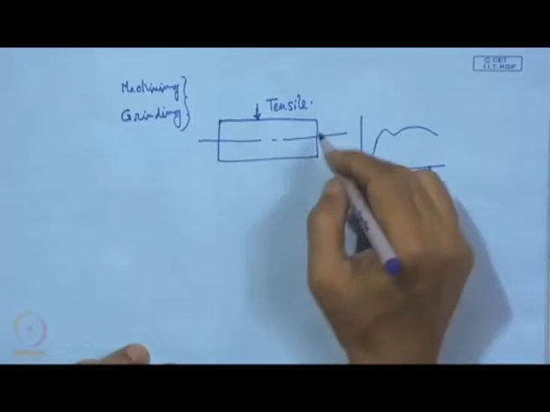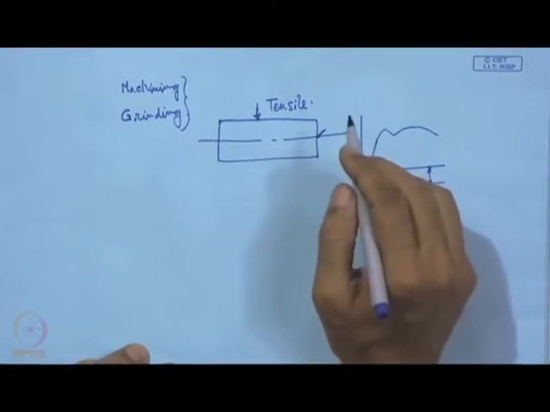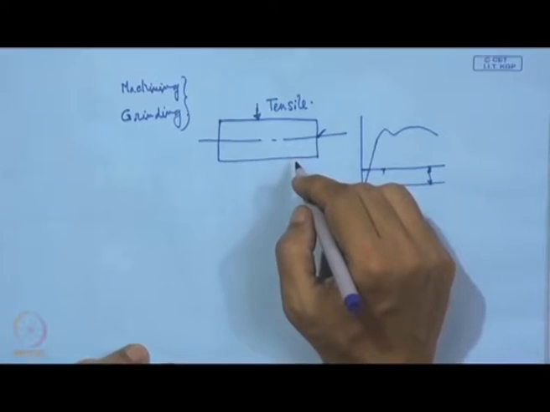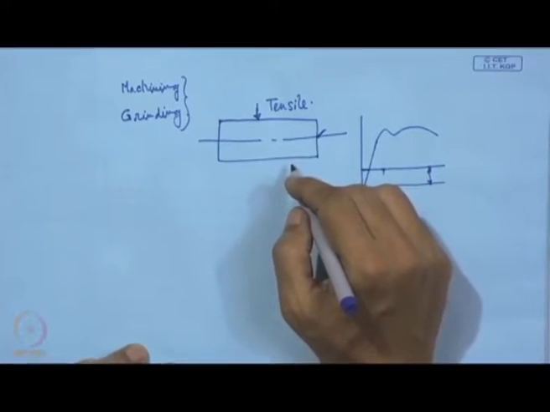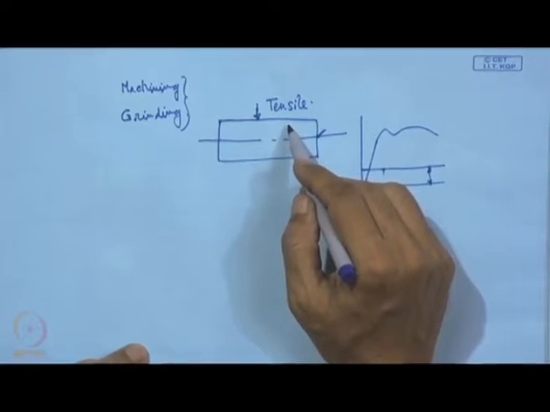Now, this can be a ground component or a turned component, it can even be a flat surface, a milled part or a surface ground part, but the basic thing remains: there is a frozen tensile stress on the top surface, which cools at a faster rate compared to the core area.